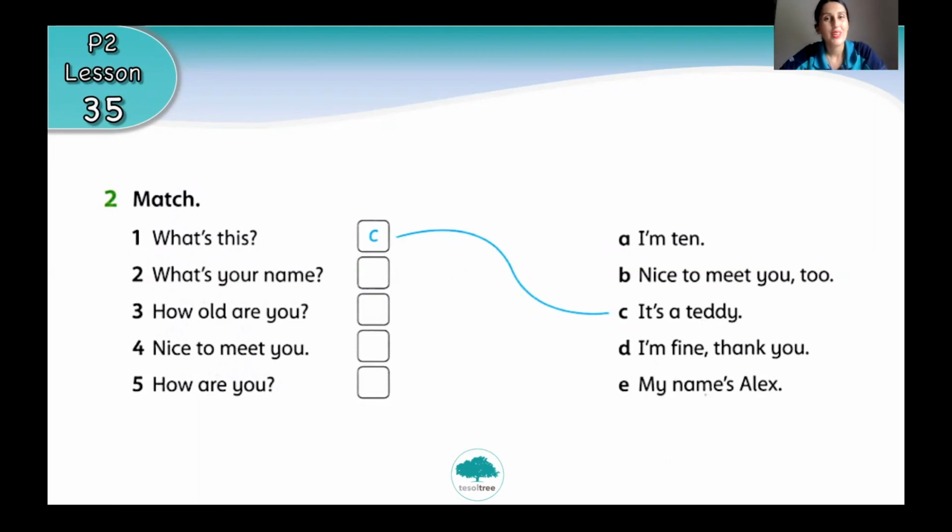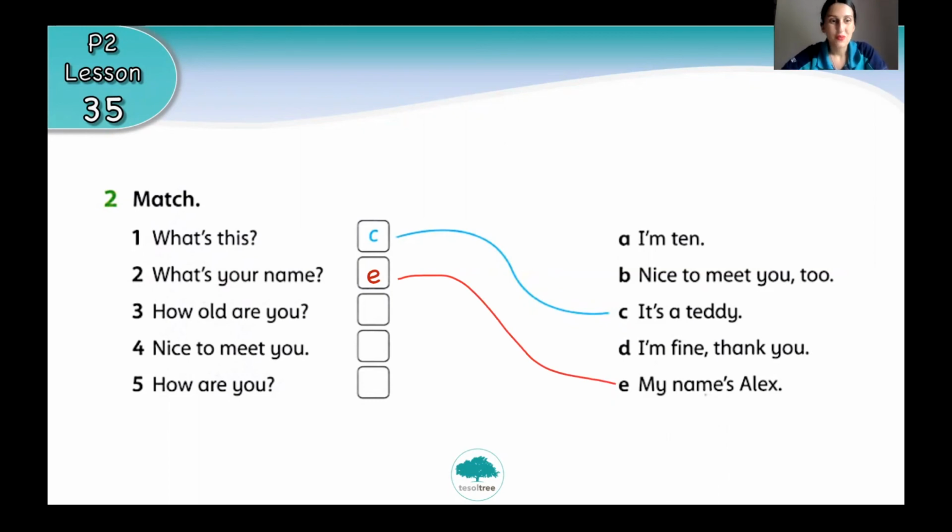You have to choose the letter. You should choose the answer for this question. How do you think? P2, what will be the answer for this question? What's your name? My name's Alex. Very good. That's correct. So we have to write letter E in the box.